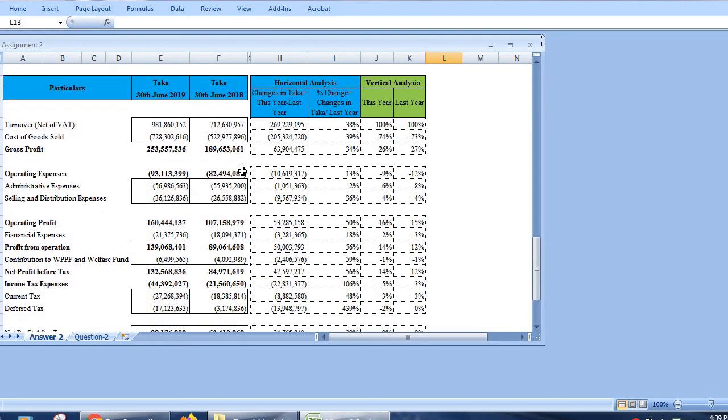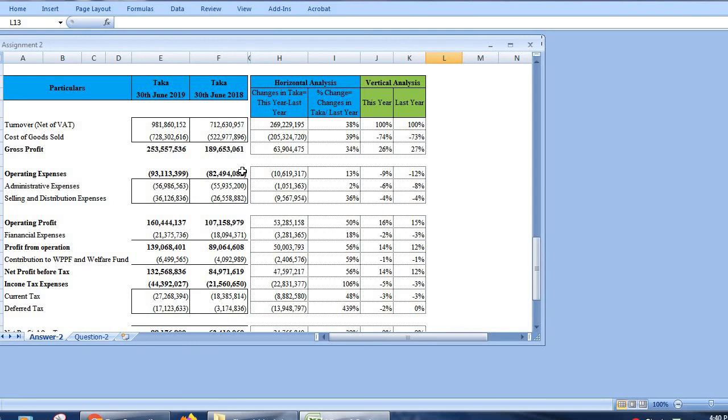Income statement using vertical analysis. Statements of multiple years can be compared and comparative analysis of statements can be done.